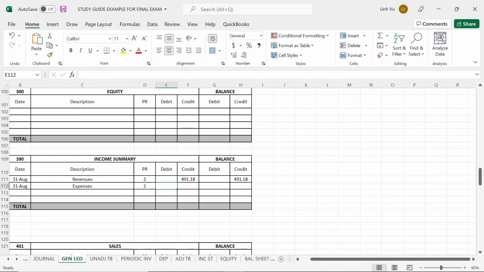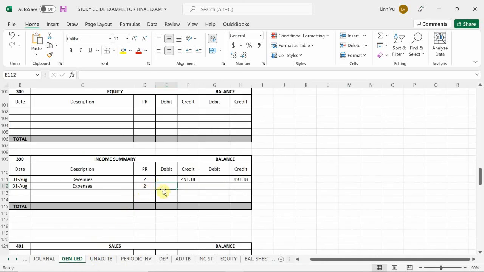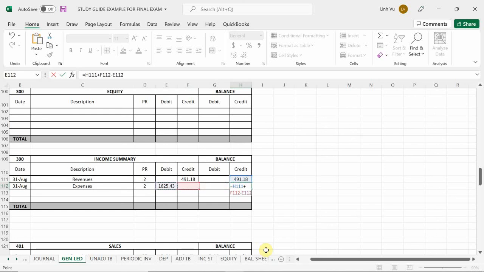Okay, so we debited our income summary for the amount of $1625.43, which should bring my account balance to negative $1134.25.